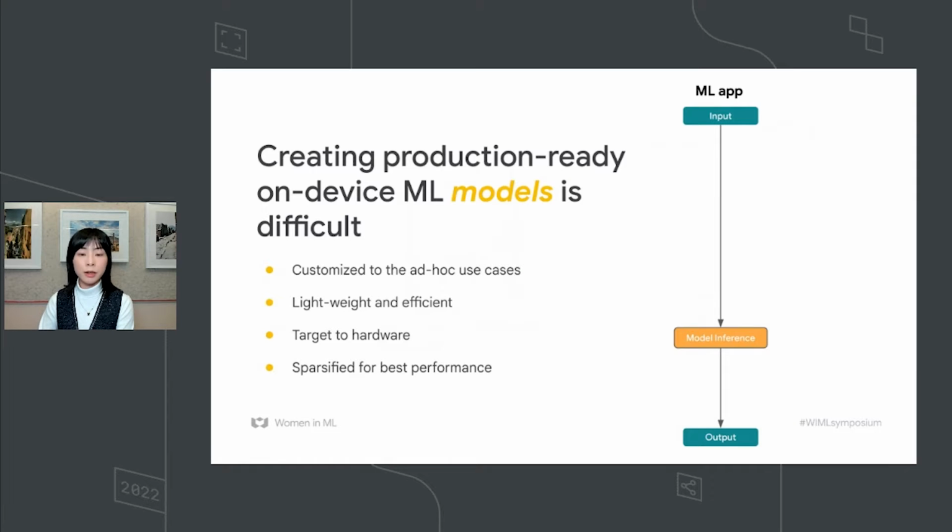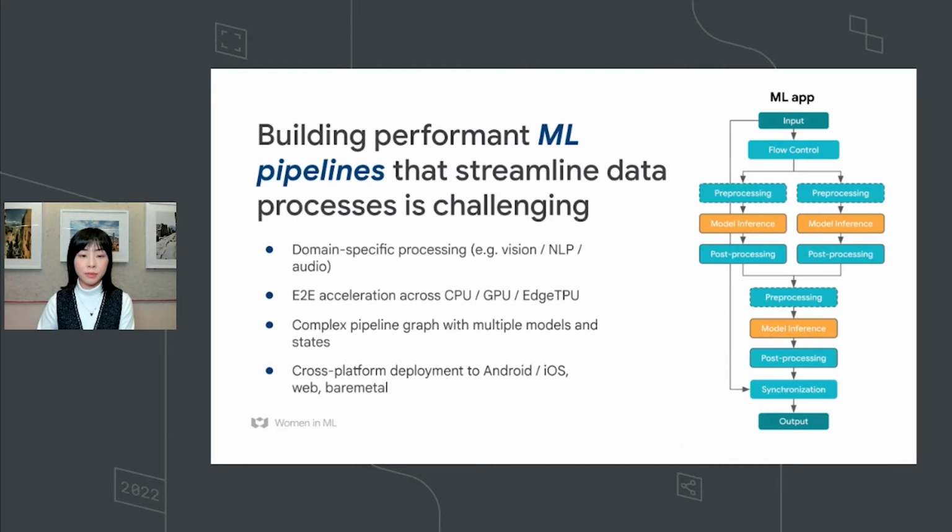Creating production-ready on-device ML models is known to be very difficult. These models need to run on-device with limited computational resources compared to server-side inferencing in data centers. So you will need to spend a tremendous amount of effort to optimize your models, making them small and fast, and achieving good prediction quality.